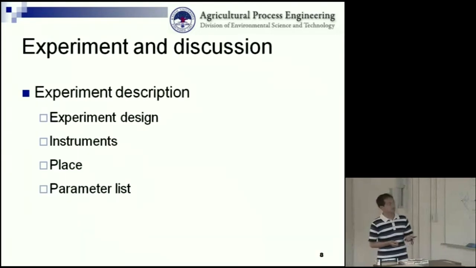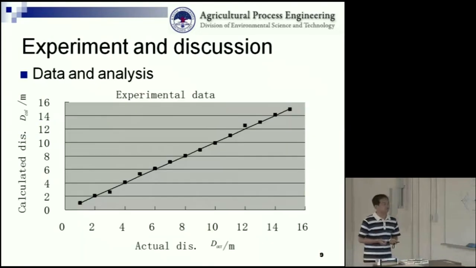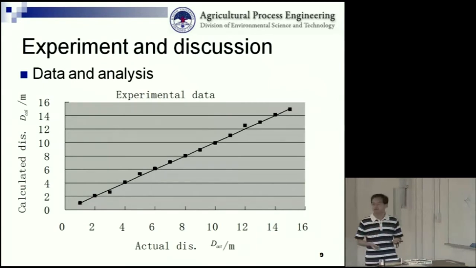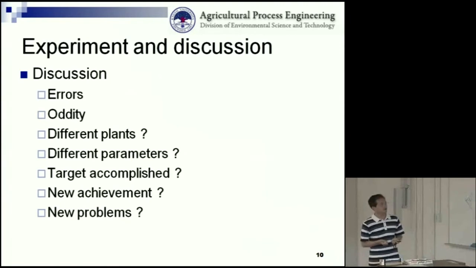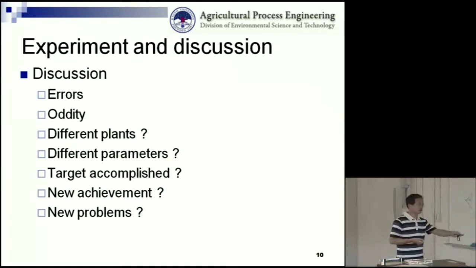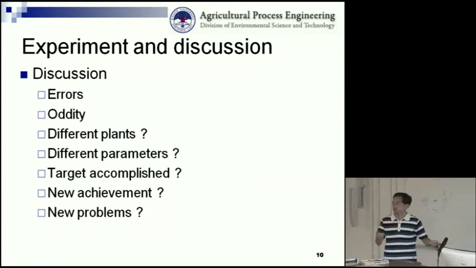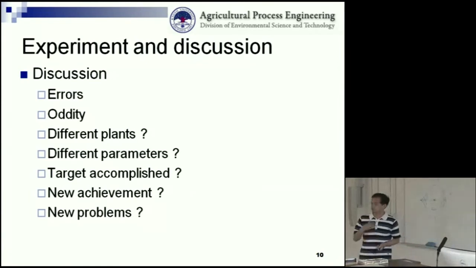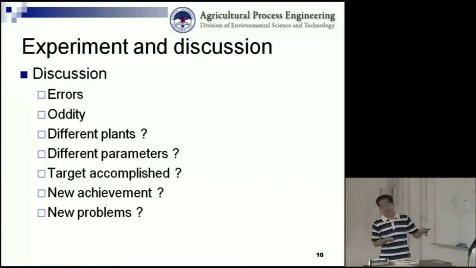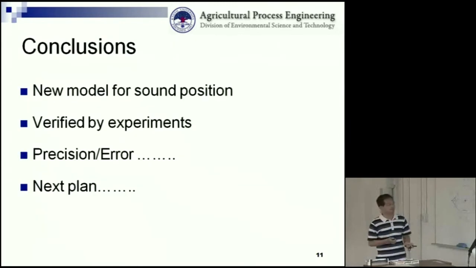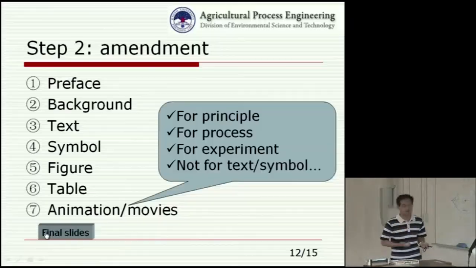Mathematical model, experiment, discussion, and experiment, that table, that figures, and discussions. Just list all the items we need to discuss. We explain every item with our oral voice, not write or text in the slide.